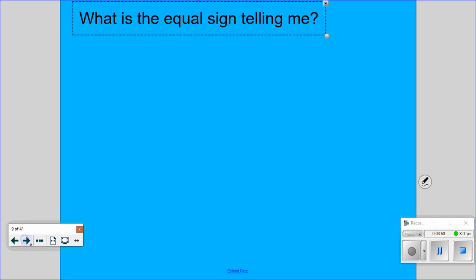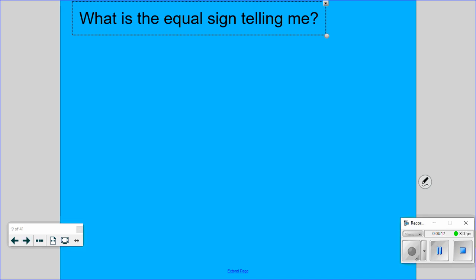All right, so go ahead on the next blank page. Here's your title. We're going to be talking about that equal sign. What is the equal sign telling me? We're going to be translating that equal sign from math language into some actual English. What the equal sign means.